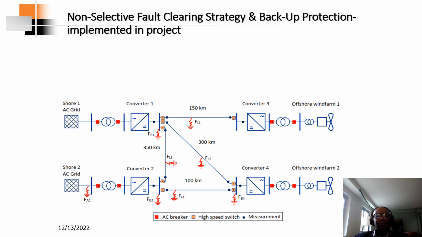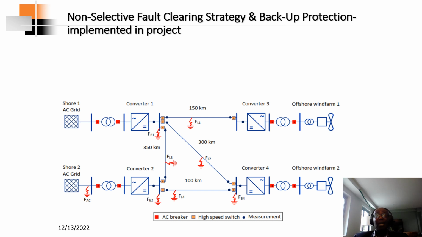For the non-selective fault clearing strategy, I'm utilizing it as a backup protection. So utilizing the selective strategy as the main fault clearing strategy, I need a backup, let's say if the DC circuit breaker fails.